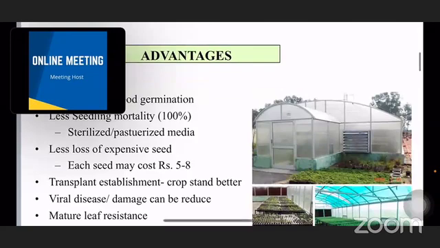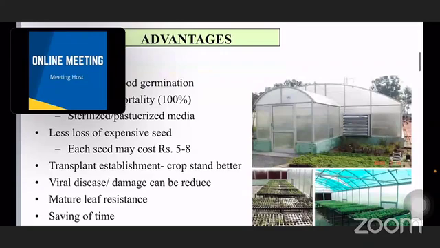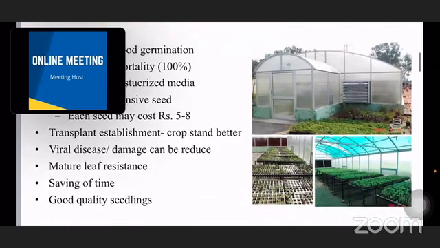It also helps reduce the loss of expensive seed. For example, hybrid seeds are very costly, even about 5 to 8 rupees per seed. So these losses can be reduced by using a high-tech nursery.